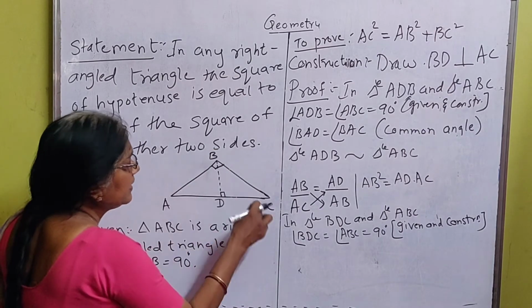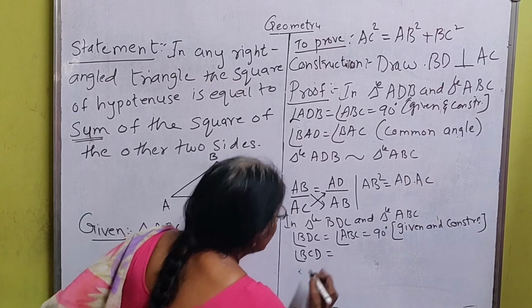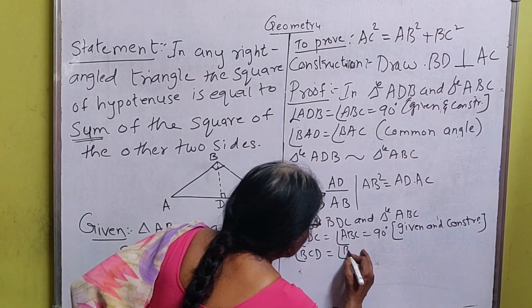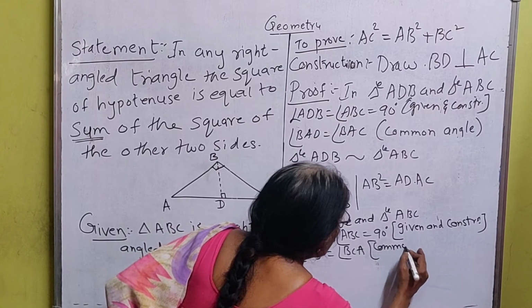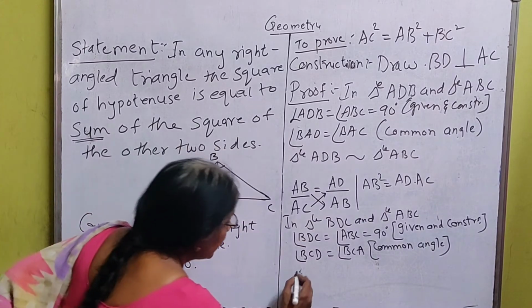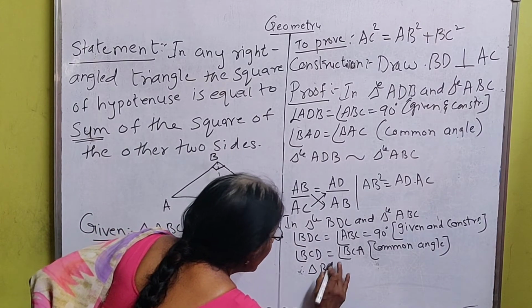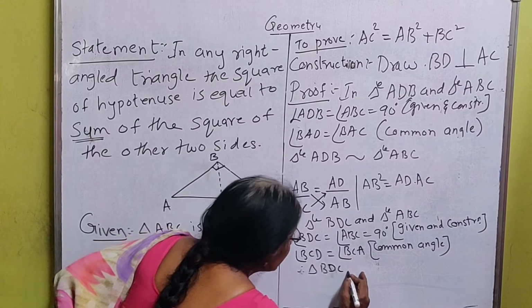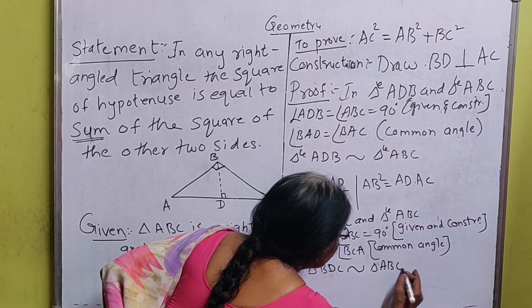Angle BCD is equal to angle BCA. The reason is common angle. Very important. Therefore, triangle BDC is similar to triangle ABC.